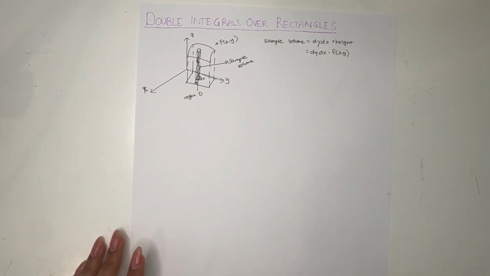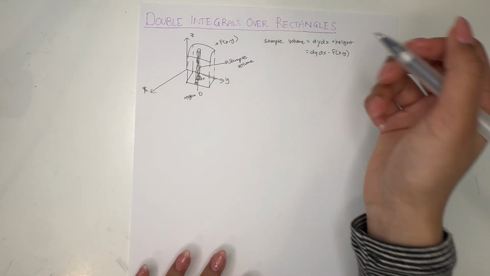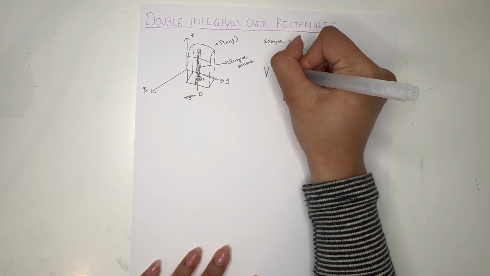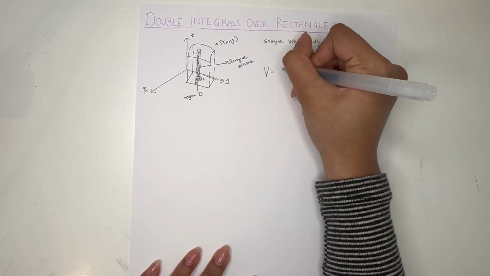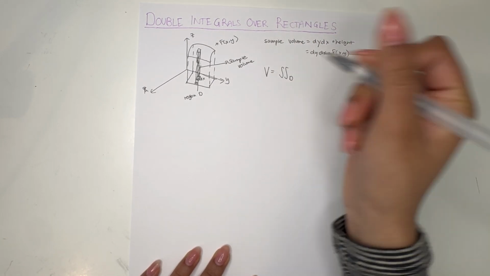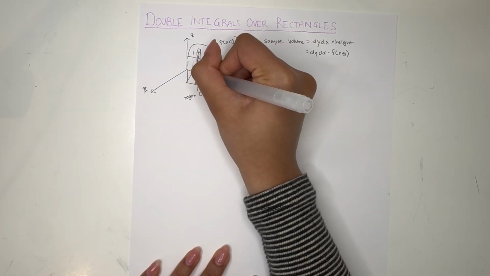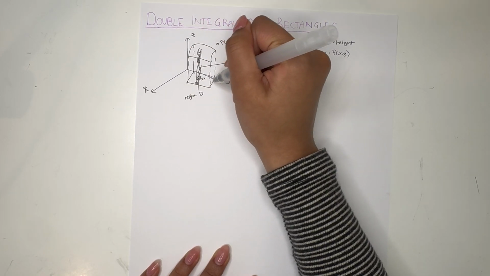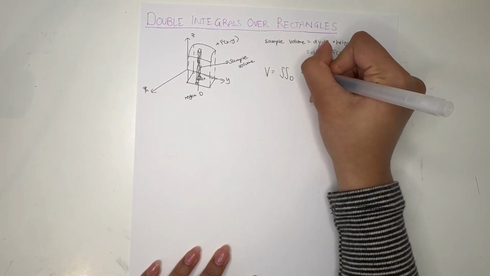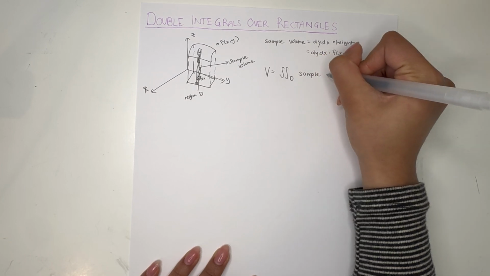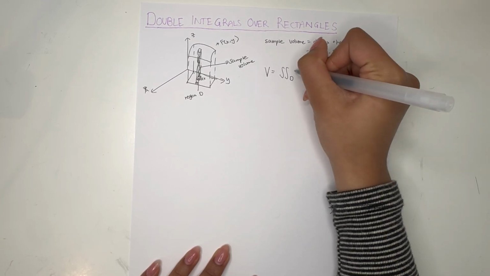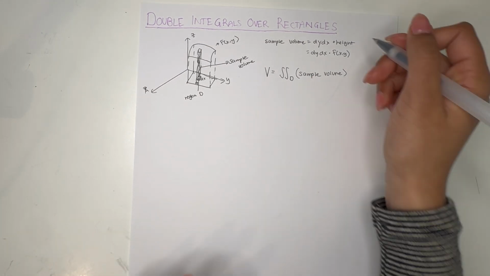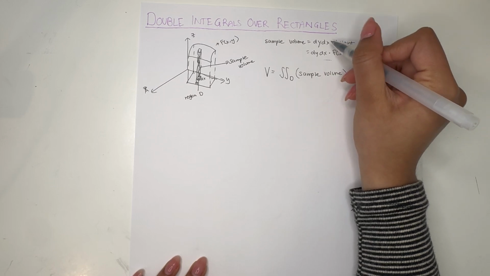But this leads us into the formal definition of double integrals over rectangular regions. Like I said, you're calculating volume here, so the volume is going to be equal to the double integral over region D. Like I said, this whole thing here is region D. So it makes sense that you're going to project everything over this region D, and then you're just going to have the double integral over region D of the sample volume. So we know that the sample volume is equal to this thing right here.